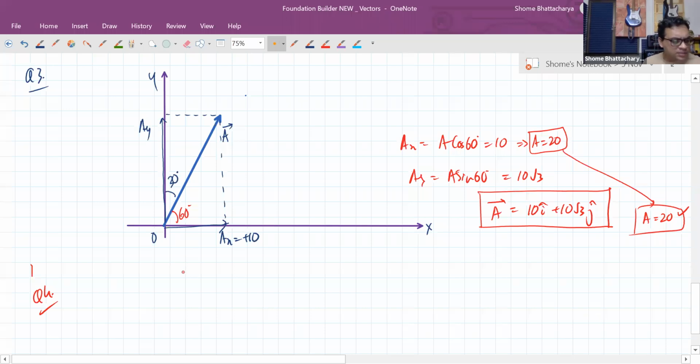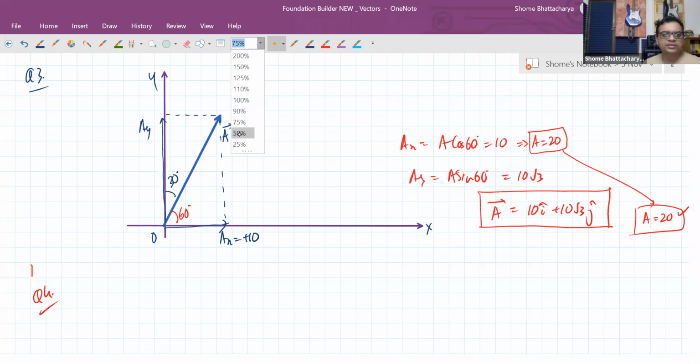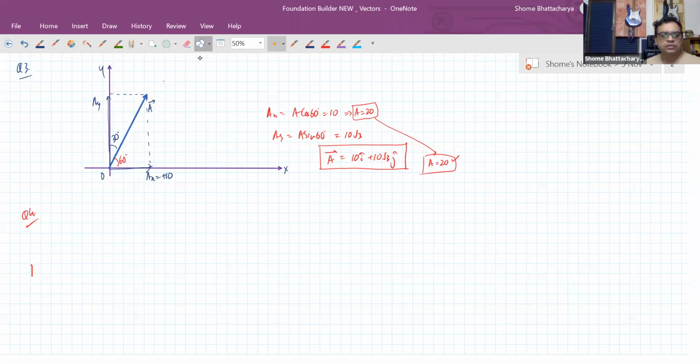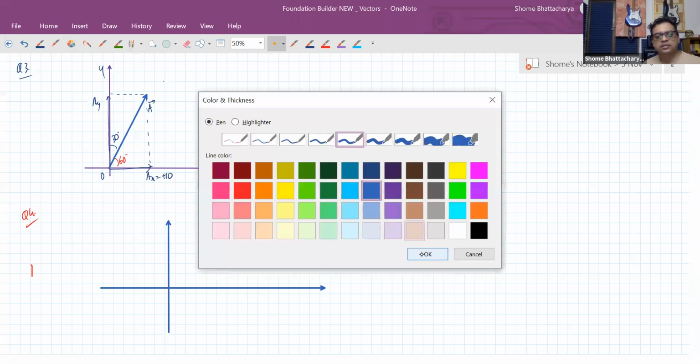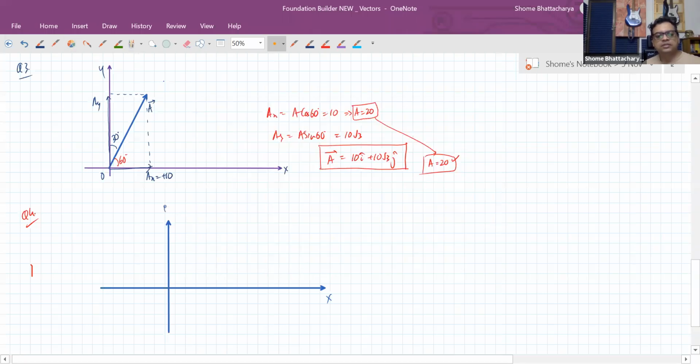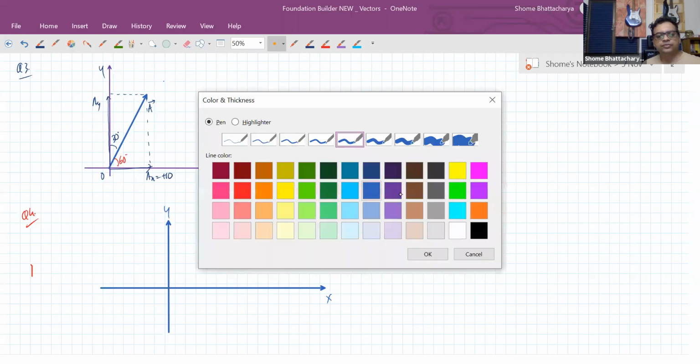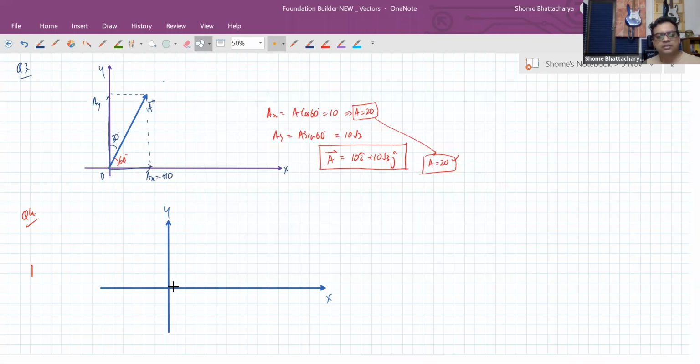Okay, question 4. Displacement vector r has a magnitude of 25 and makes an angle of 210 with the x-axis. So same type of question. You have to deal with it in the same way also. So what you do is you make your xy system here, and in that system you understand that your displacement vector is making an angle of 210 with respect to the x-axis.